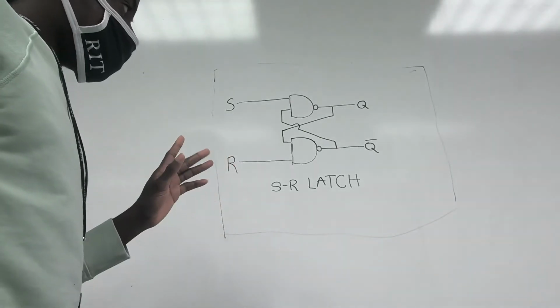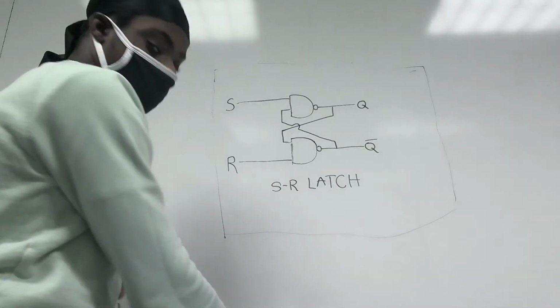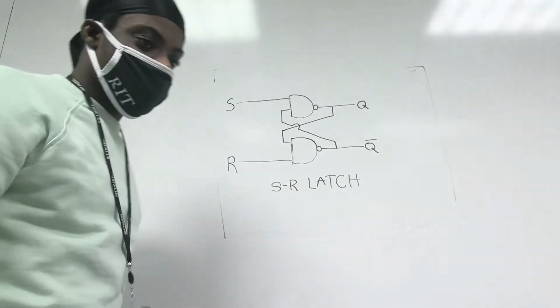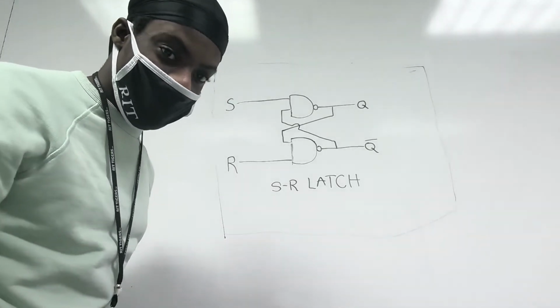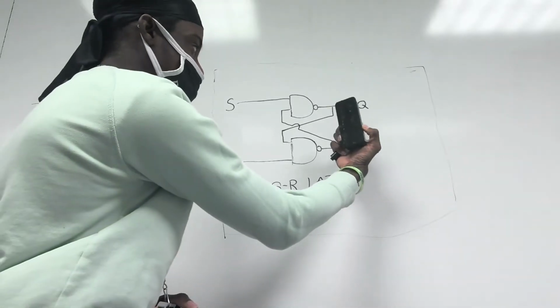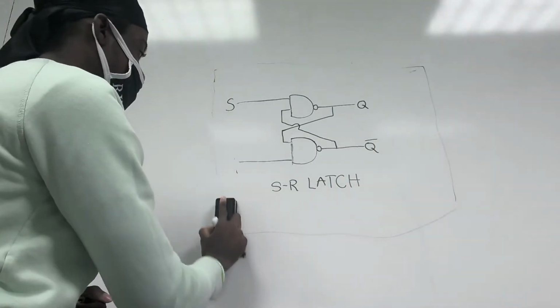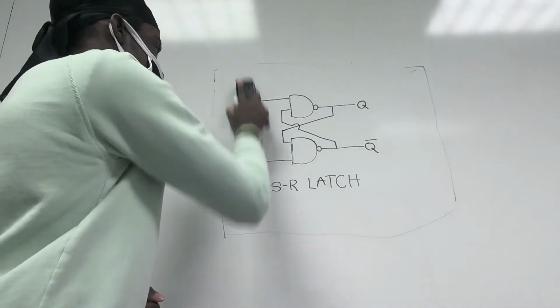So to give us more control over the timing of when changes can happen to the output at Q, we add enable.